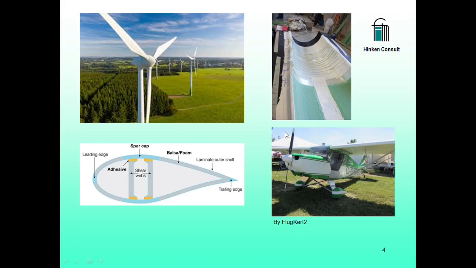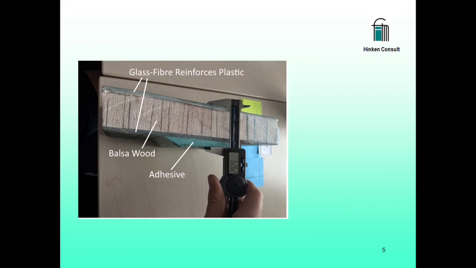Similar structures and problems may arise at the wings of small aircrafts. The typical structure to be tested is shown here. We have a laminate of two thin plates of glass fiber reinforced plastic with a thick layer of balsa wood in between.